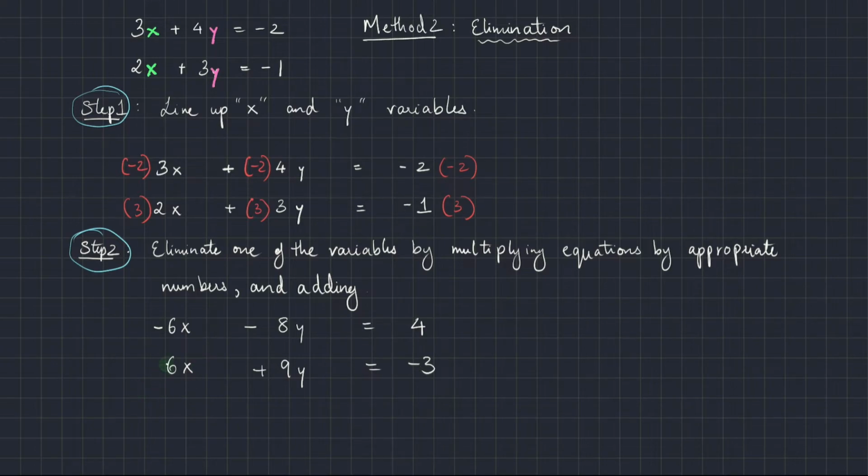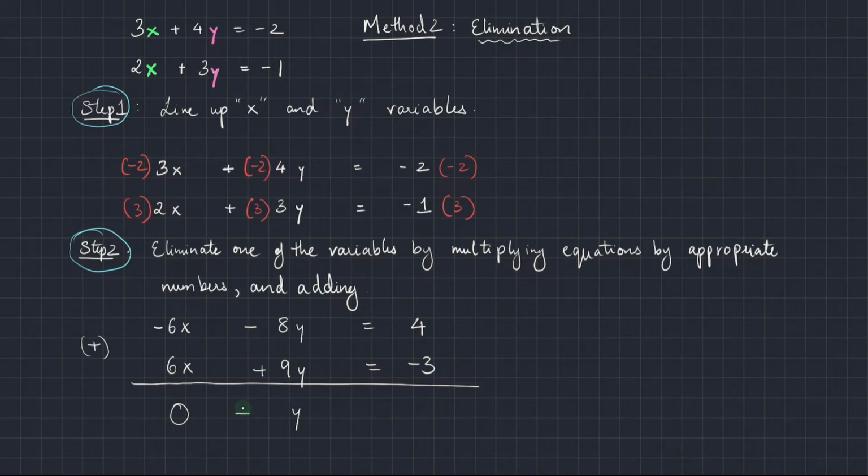After this step, we have one of the variables having coefficients of opposite signs. In this case, it is the x. So let's add both these equations. Adding a negative 6x to positive 6x, we just get 0. Adding a negative 8y to positive 9y, I get just y.